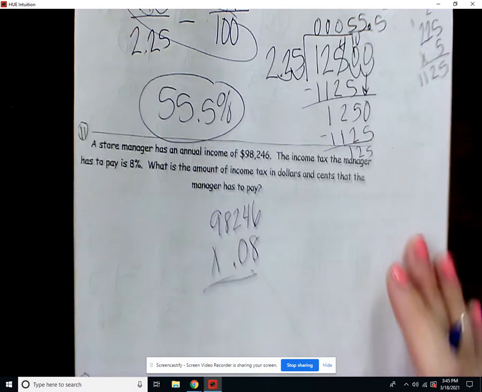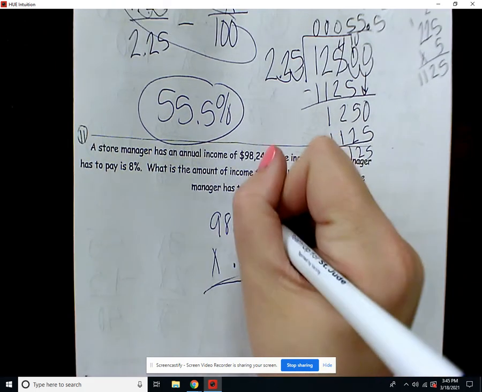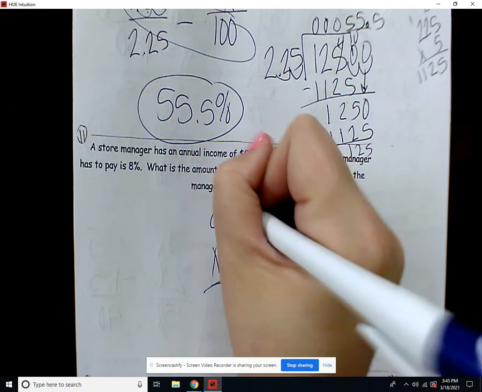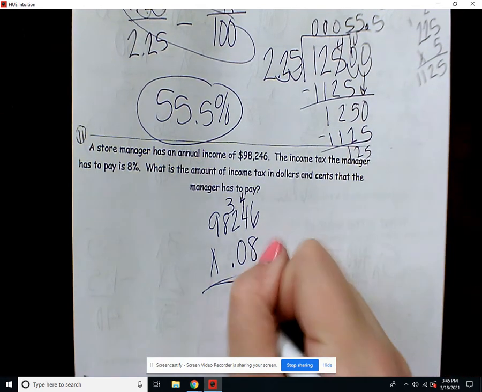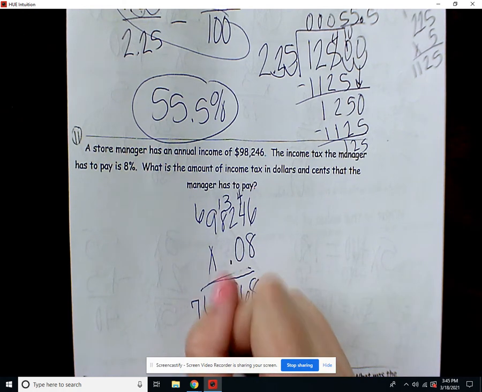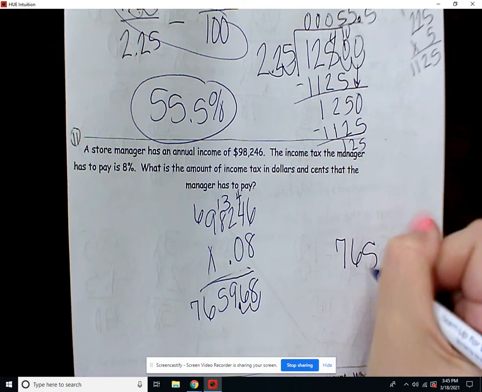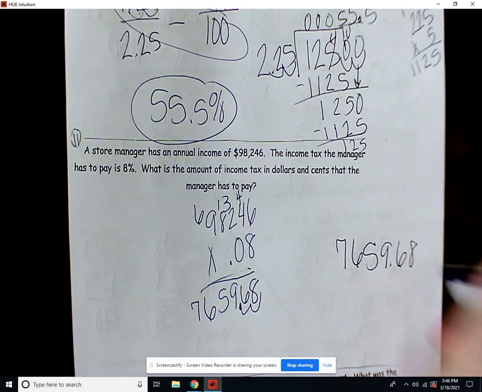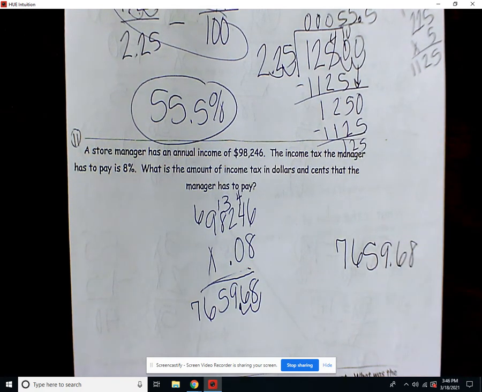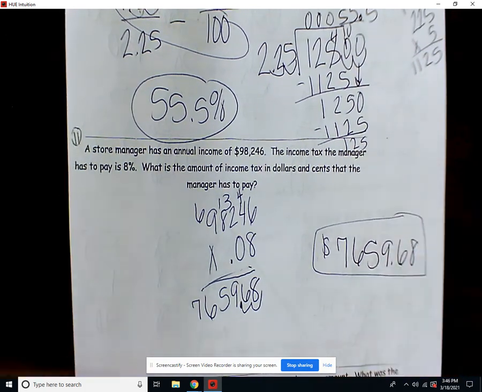So we have 98,406 times 0.08. Move our decimal over twice, so we get 7,872.48. And it just wants to know what the tax is in dollars and cents. And so that is going to be our answer.